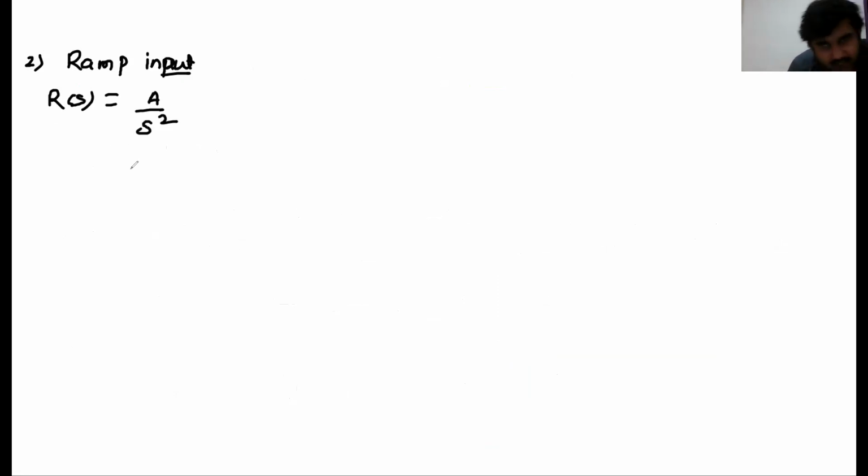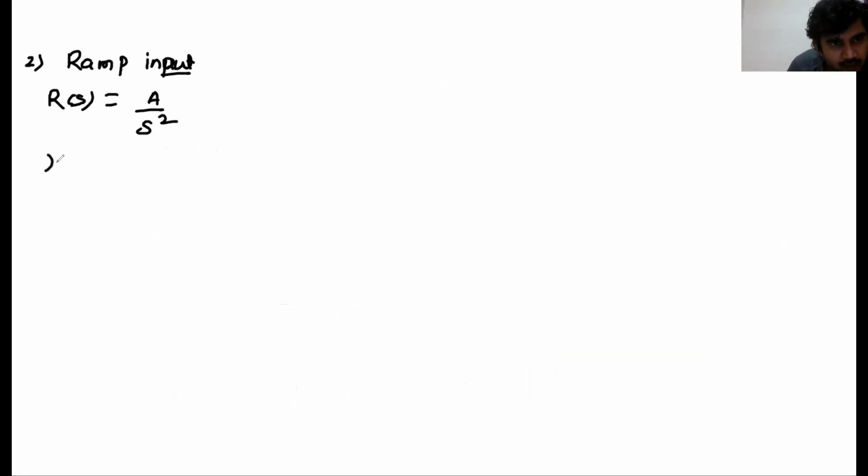Now let's move on to the next input, ramp input. What is the transfer function of ramp input? A by s square. The same way we can calculate the error here.